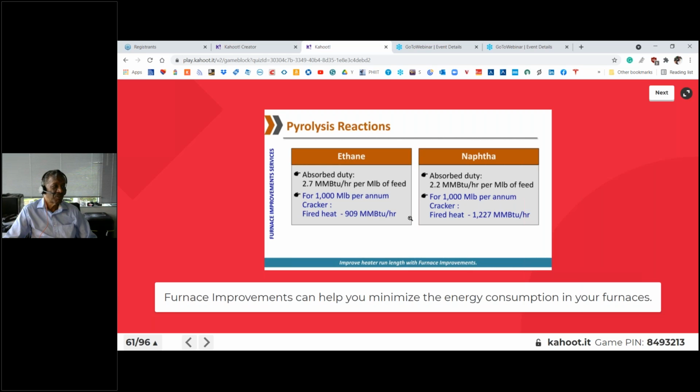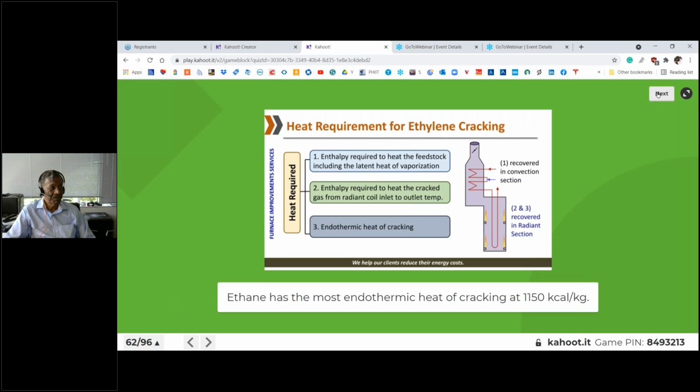The answer comes from the firing of fuel, firing fuel gas or liquid fuels like naphtha in your furnaces, because combustion is the only process which generates hot enough flue gases where we can transfer the heat from the flue gases to the coil, to the feed inside the coil, because we are looking at 1500 degrees F temperature. That we can typically achieve only by hot flue gases. So we are firing fuel.